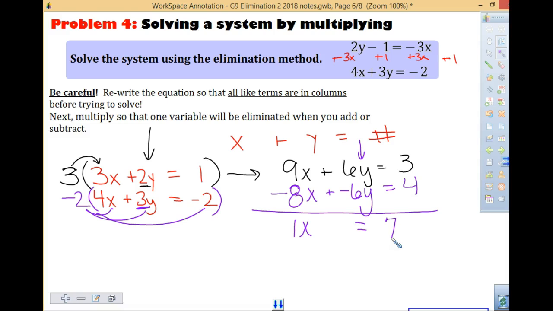First or second? We're going to try and solve for y. First one. So, first equation, we're going to write 2y minus 1 equals negative 3. And you can substitute in instead of x, you can put the 7 right away. So 2y minus 1 equals negative 21.